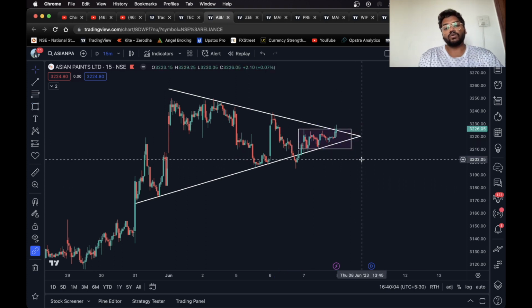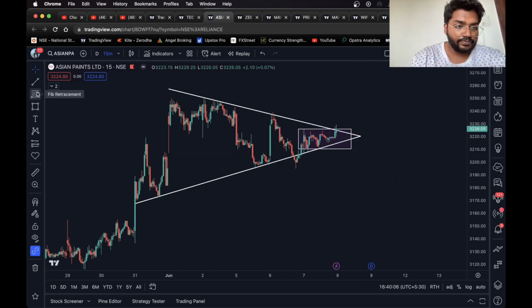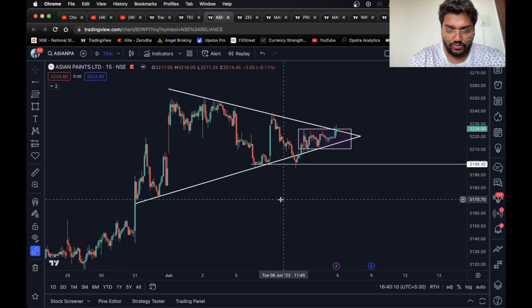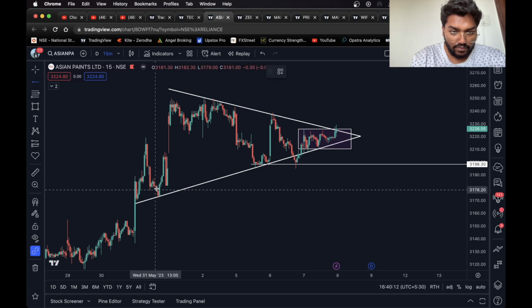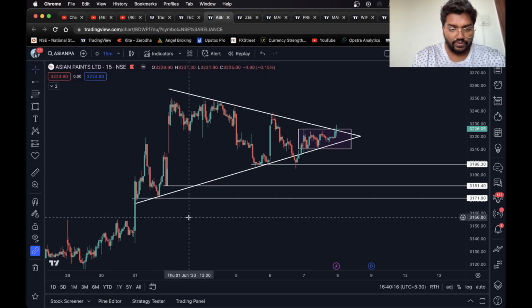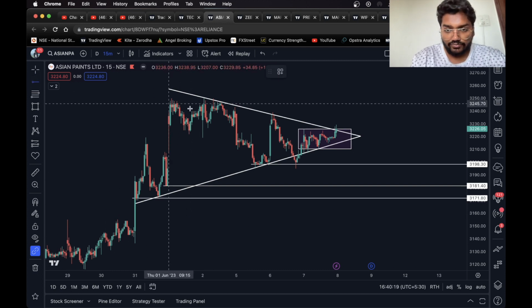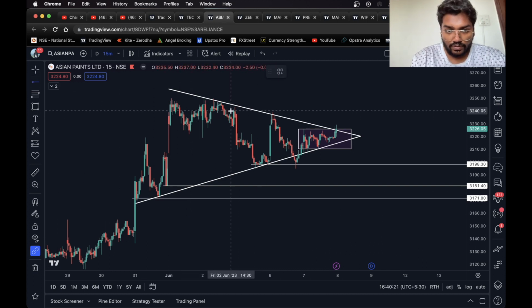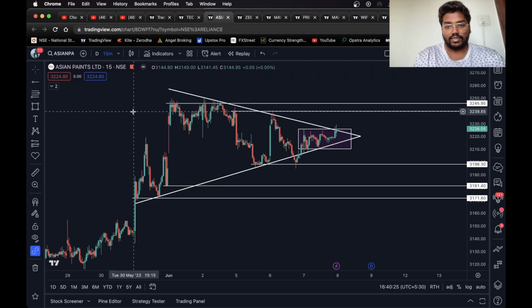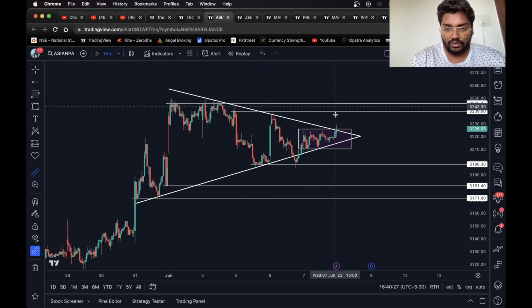So again, both side potential. These are a few good levels. This one and this one for short side, and for long, first and second. I'll just check how big of the target this is.